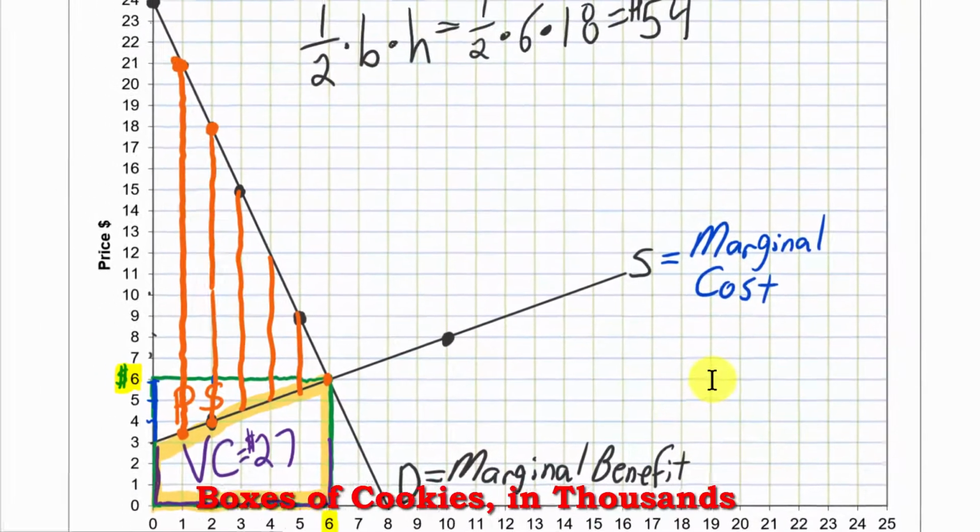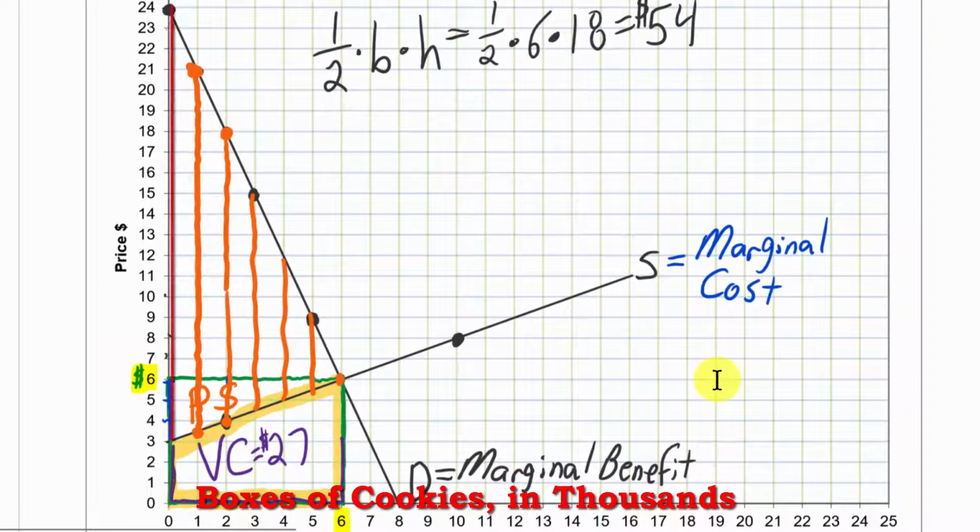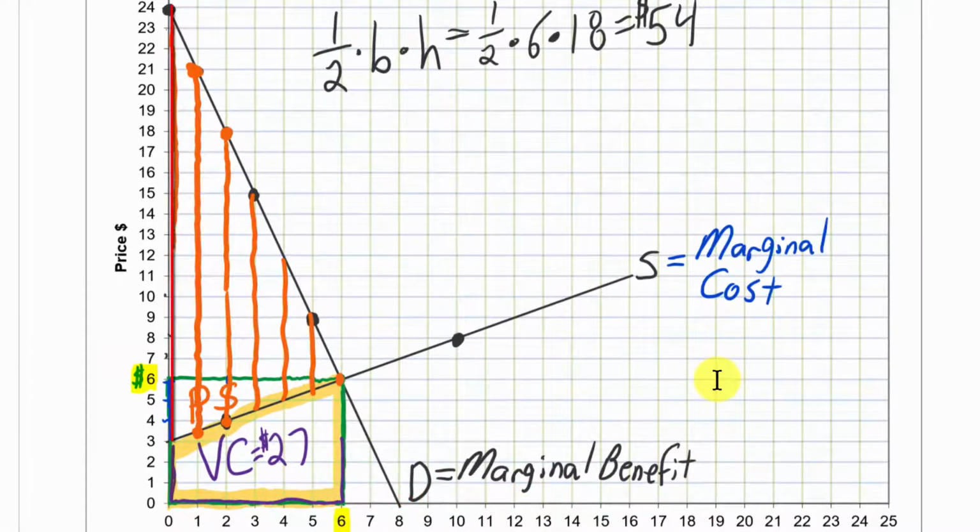So there's also surplus to be had for the first box of cookies, right?